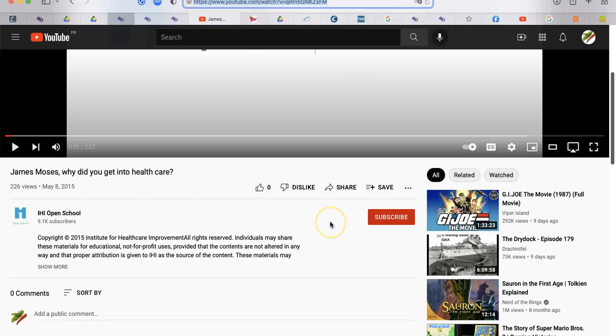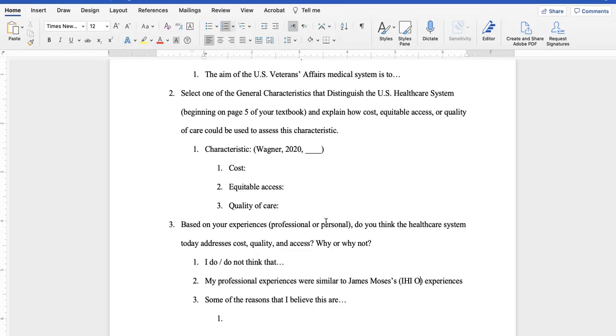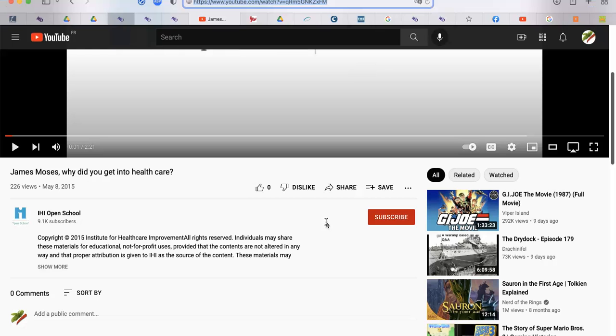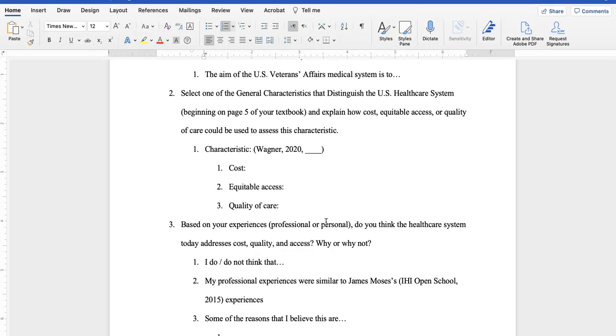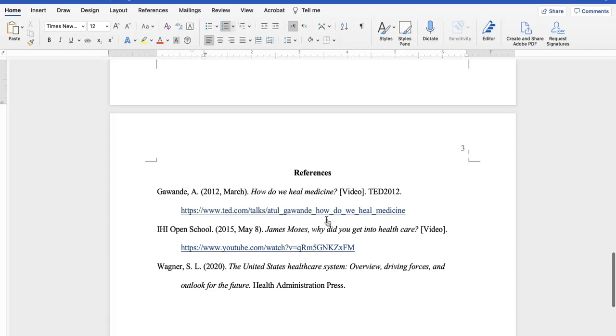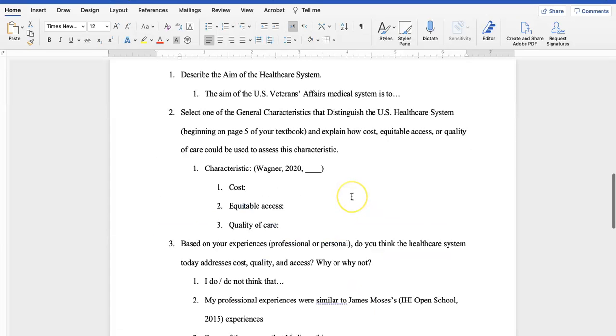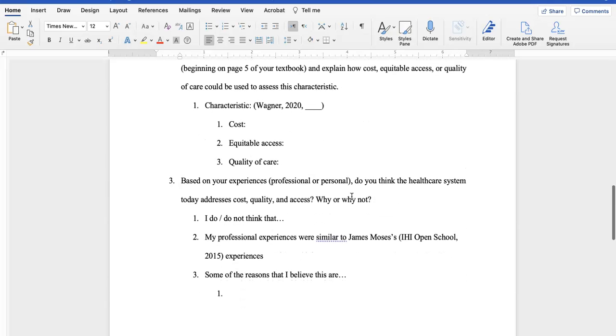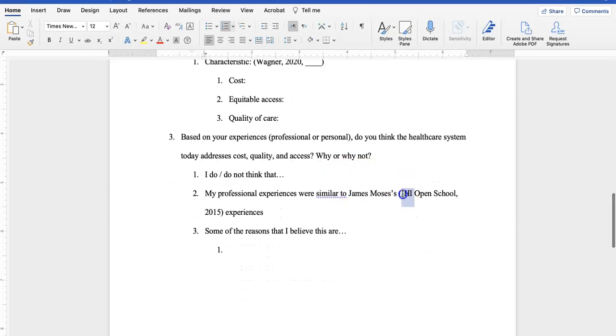So that's going to be IHI Open School. The year is 2015. So we see from looking down here that there's a lot more information that goes into that reference entry. But the thing is, this works together. We have the formal citation here, which keys the reference list. The reference list gives you the rest of the information to find what you need.